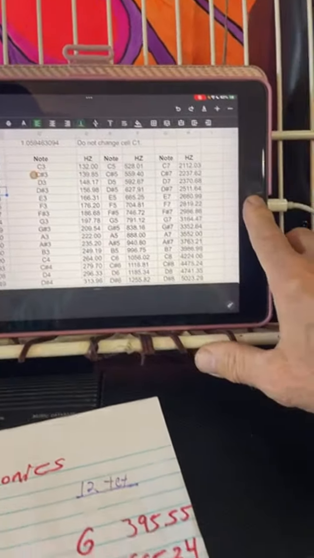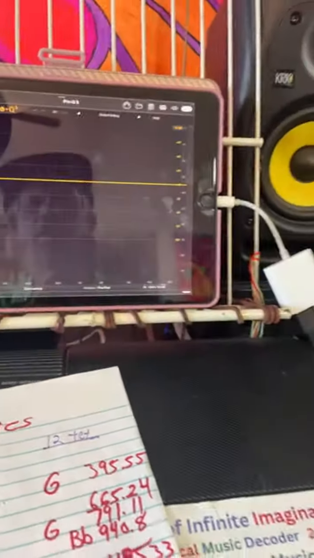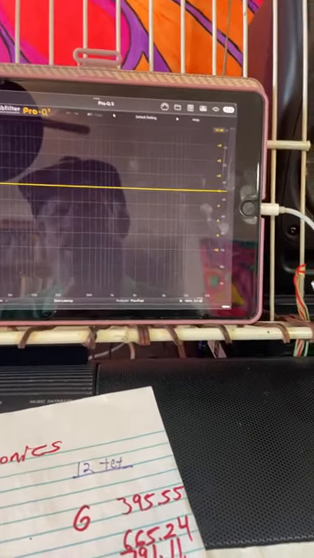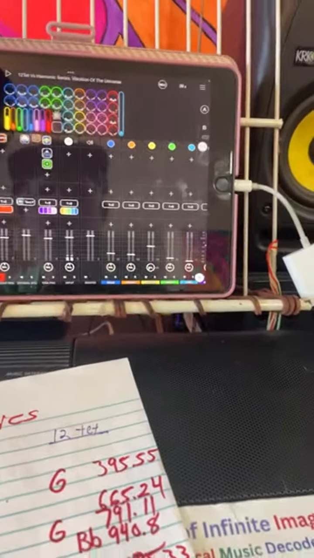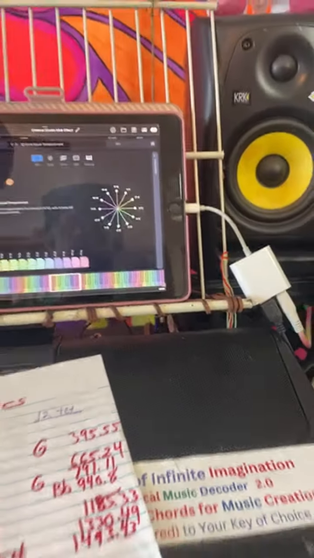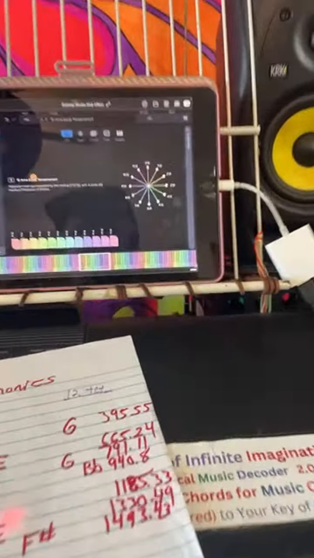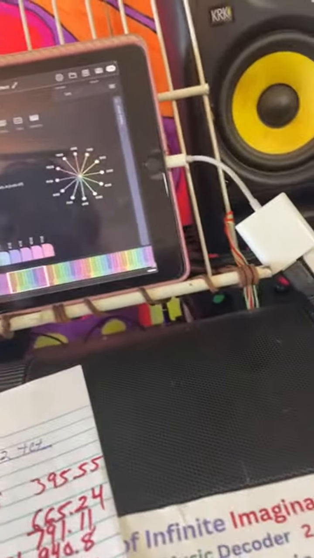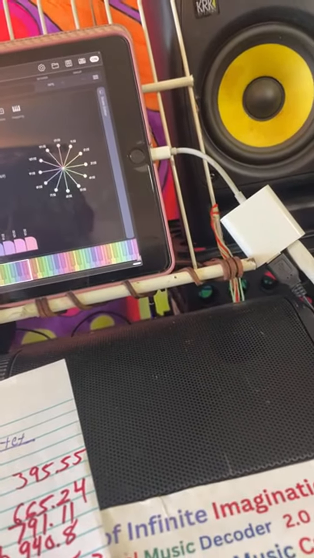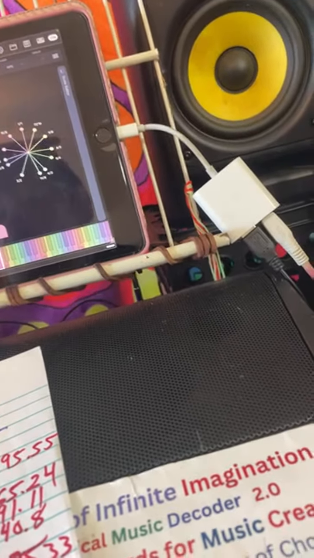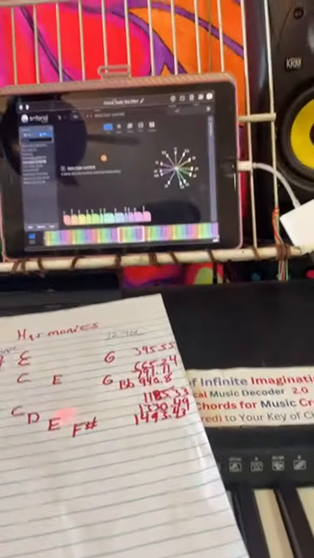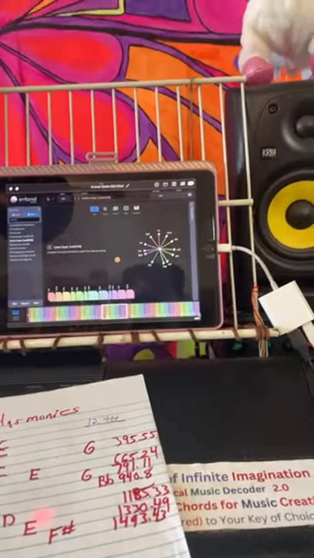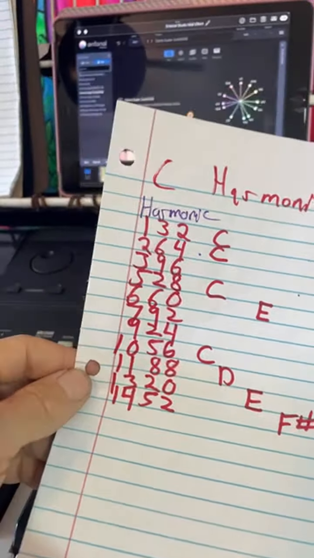Now, let's go back over to this Intonal thing so we can really look at this. So now we're going to switch over to something different, and we're going to go to, there we go, Carlos Super Just. Now, this is a just intonation tuning, right? So it's in harmony with the universe.